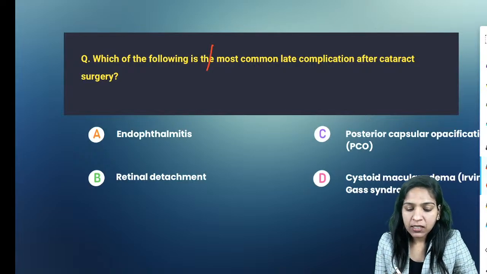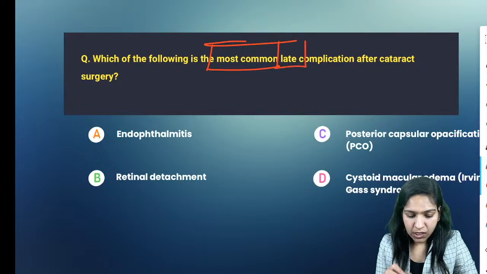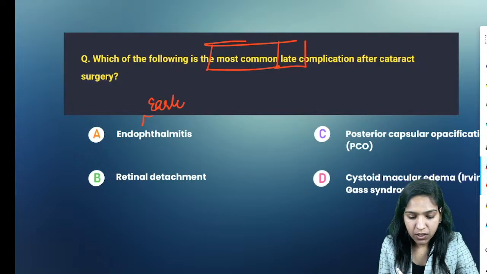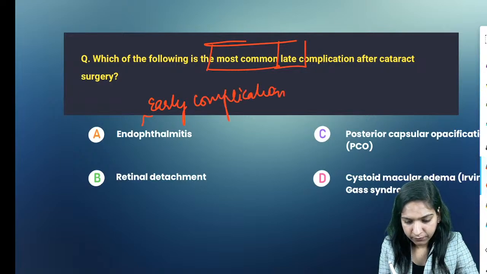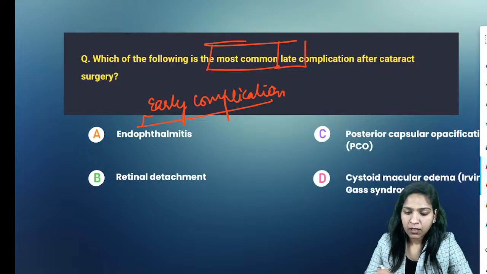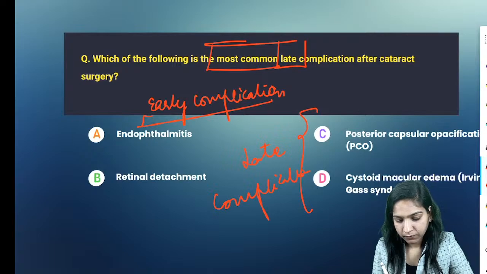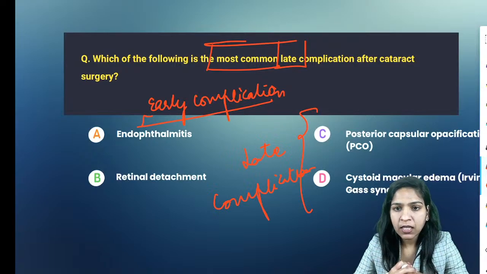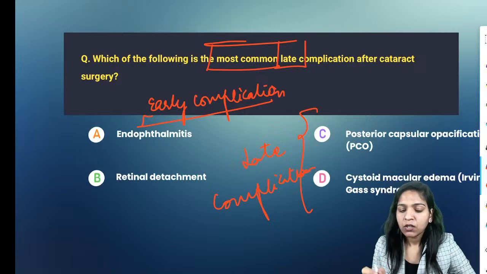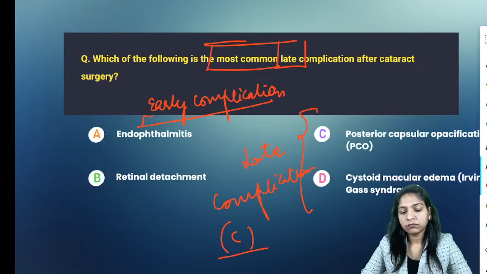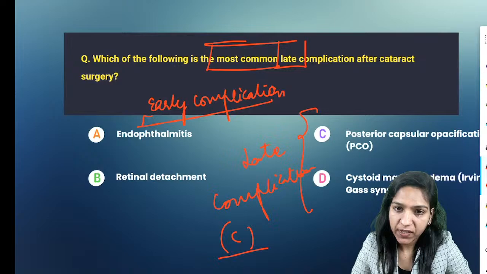They have asked us the most common complication. Endophthalmitis is an early complication, and these two are late complications. But they have asked us the most common late complication, so the answer will be C, posterior capsular opacification.